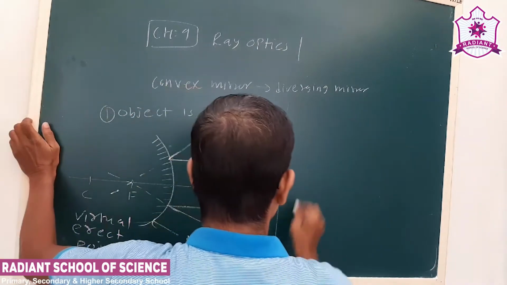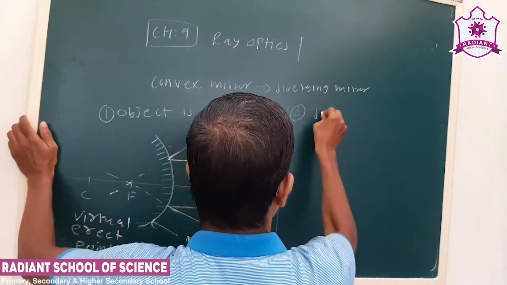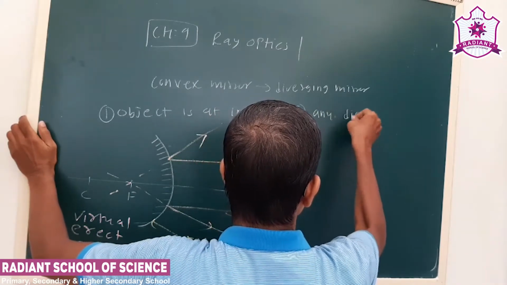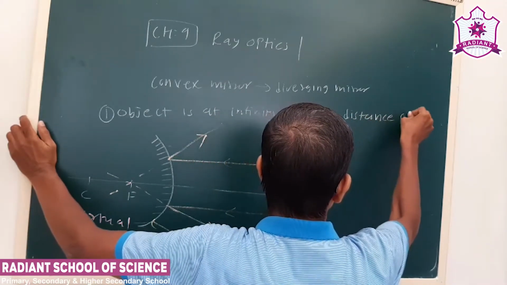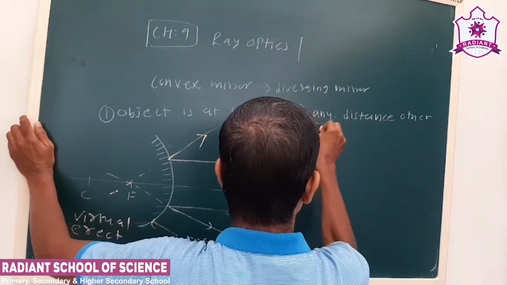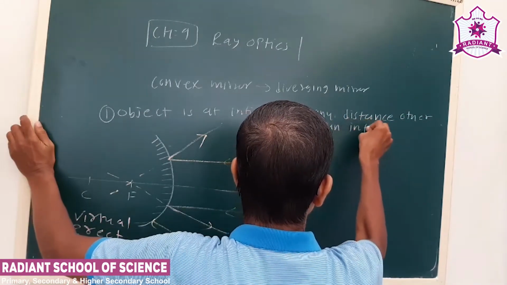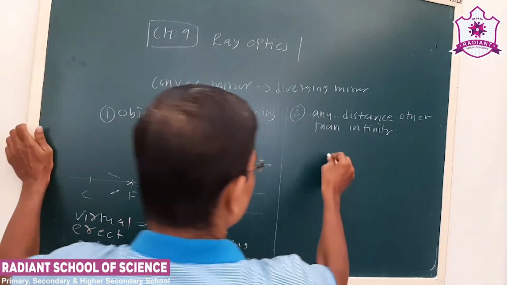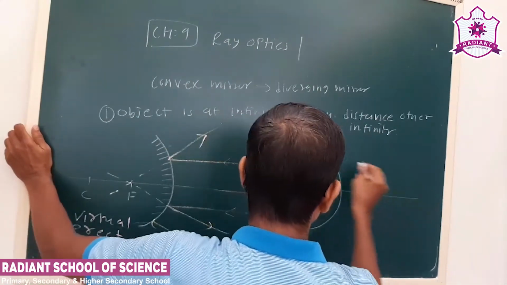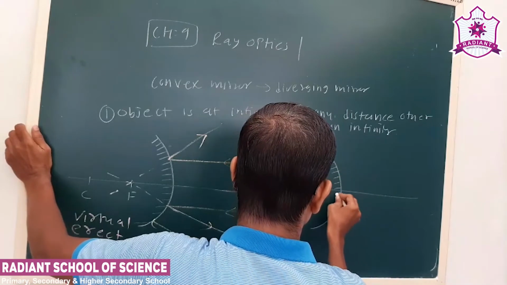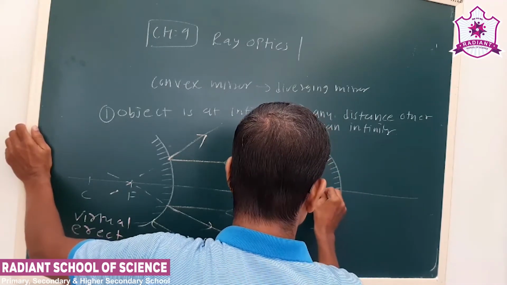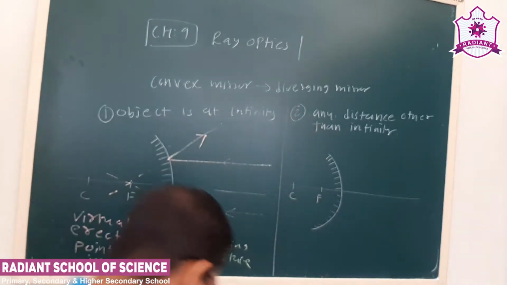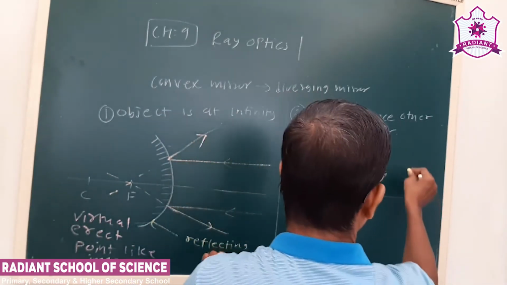Now the second condition: any distance other than infinity. Any distance we can take. Now let us say AB is the object.